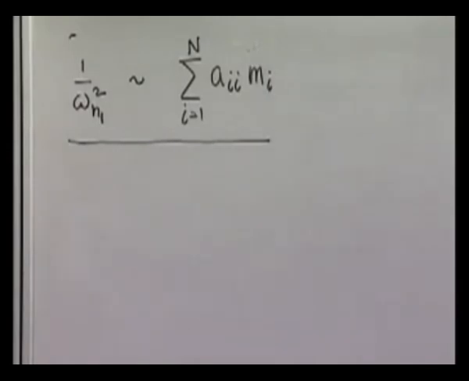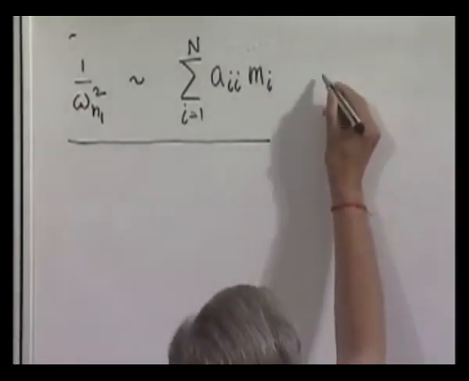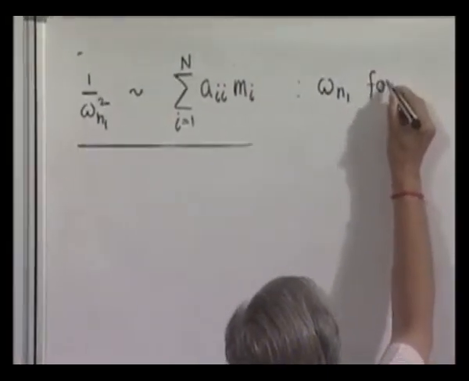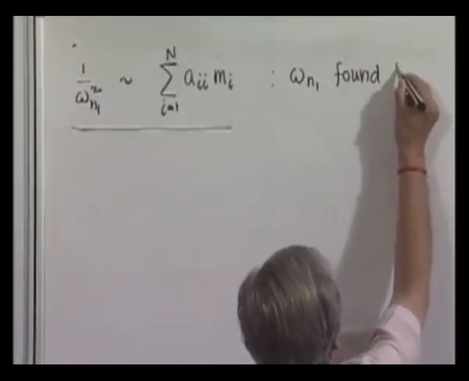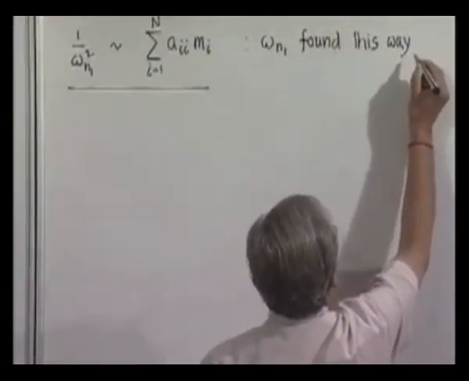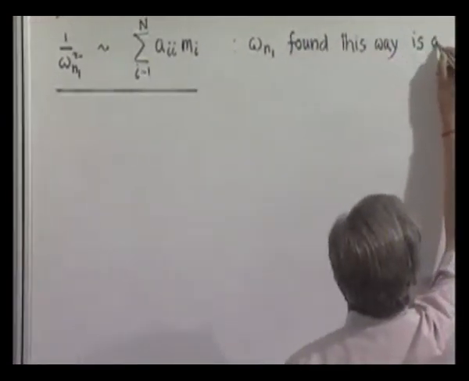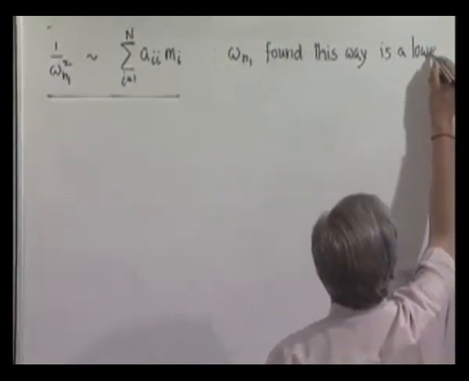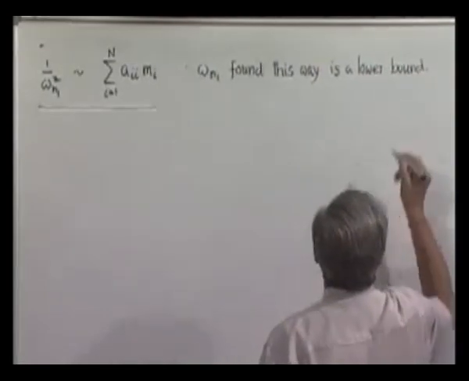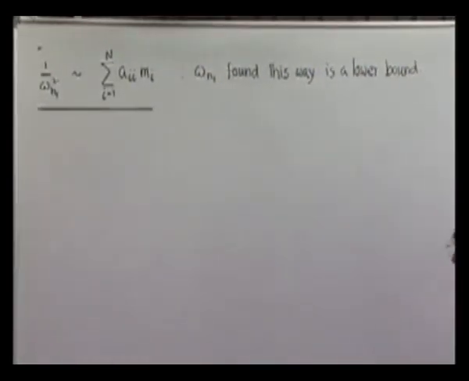That means this is nothing but a lower bound. That means we can say that the real natural frequency for the first mode is never going to be less than this. It will always be more than that and approximately equal to this.